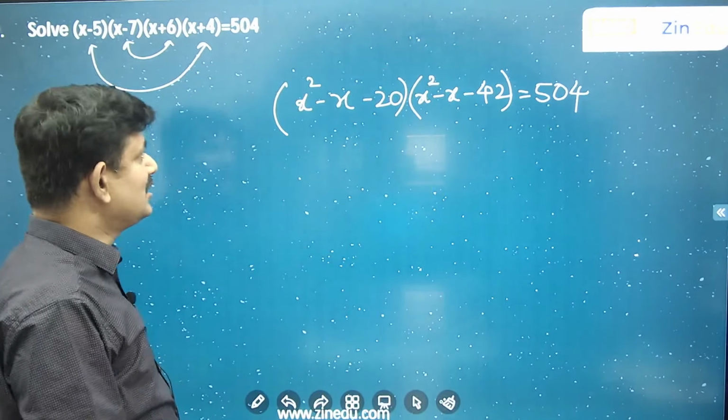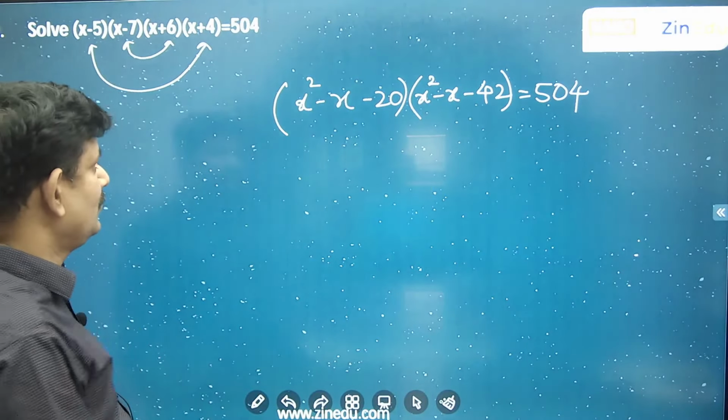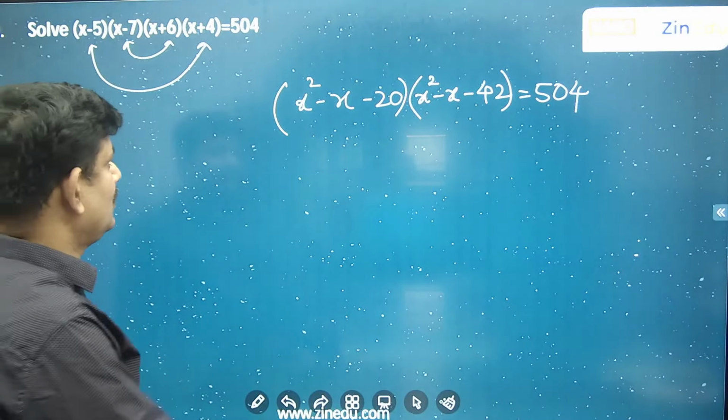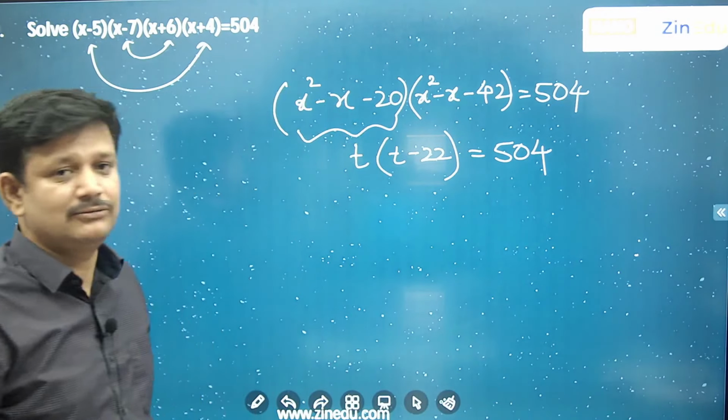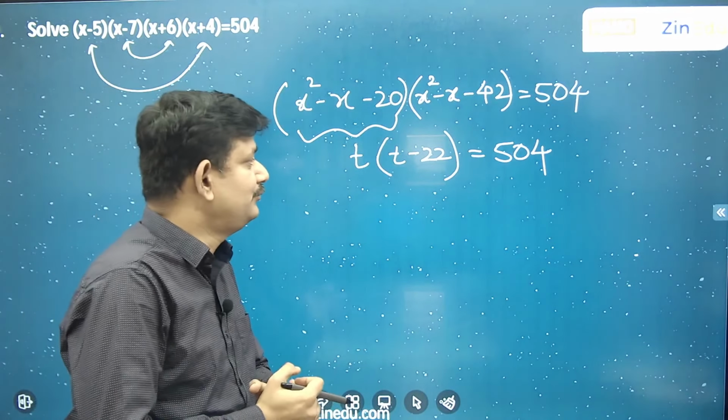Now, you can see a quadratic in terms of x square minus x, or for the sake of simplicity, call this number t. This number will be t minus 22, is equal to 504.